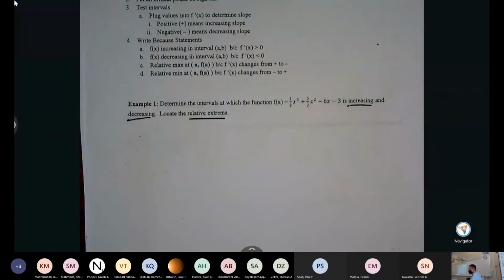Example 1 says determine the interval where a function is increasing, decreasing, locate relative extrema. So all this is going to refer to the derivative. The derivative is going to help us gather information about rising and falling of the graph.